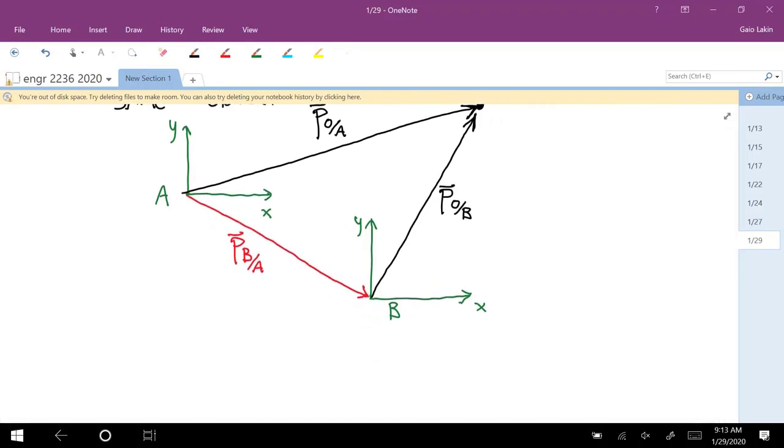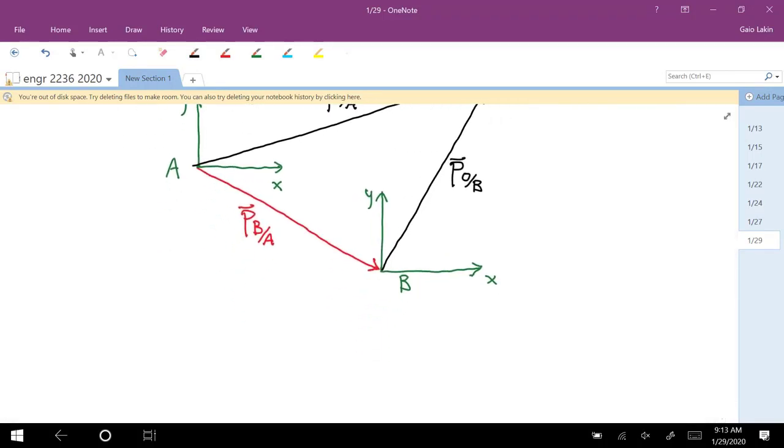Now, the notation before I talk about these relationships. If I say the position of A relative to B, that's not just referring to this A and B, but that's generally what this subscript notation means.